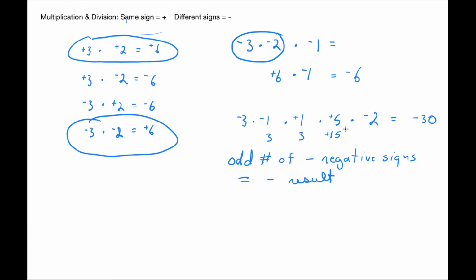Because positive times negative is a negative, because they're different signs. So it only takes an odd number, and an odd number is 1, 3, 5, 7, 9. You get the idea. You're skipping the even numbers. If it is indivisible by 2, it's an odd number. So if there's an odd number of negatives, the result will be negative.